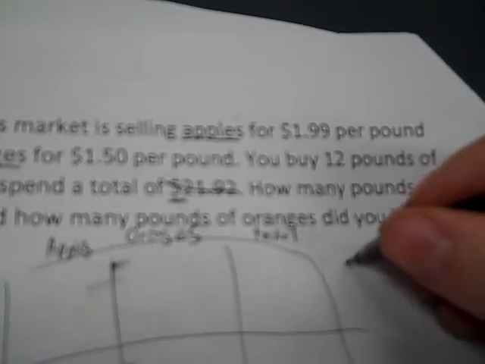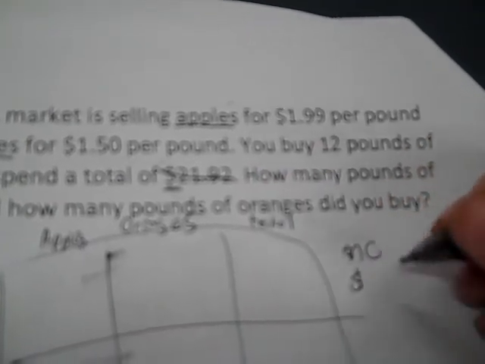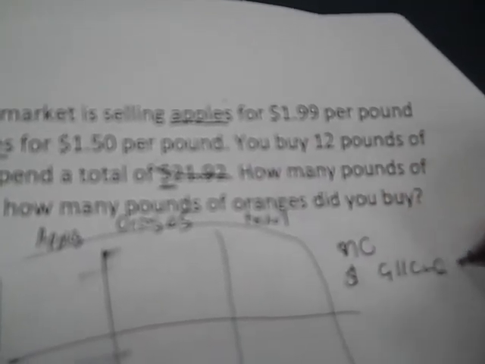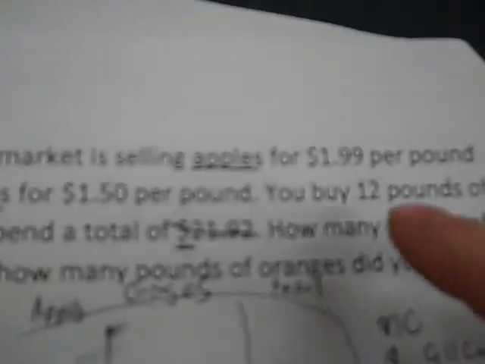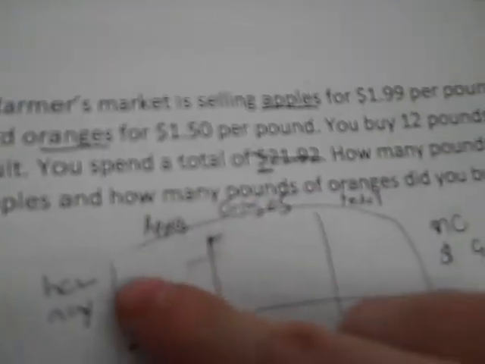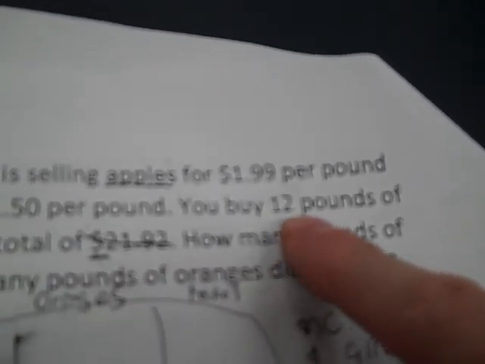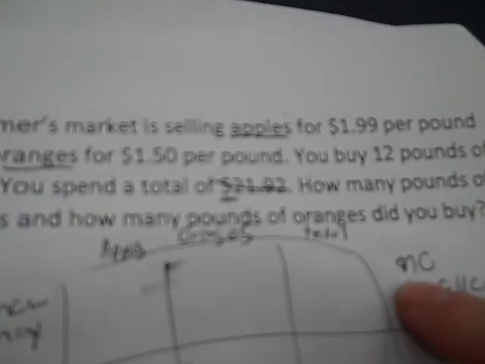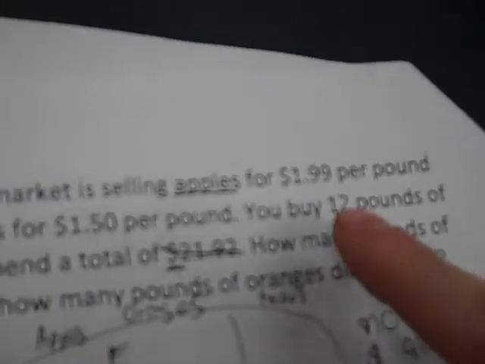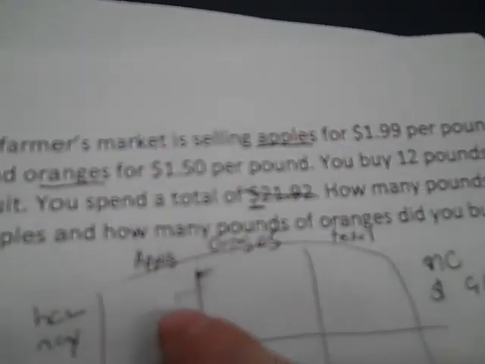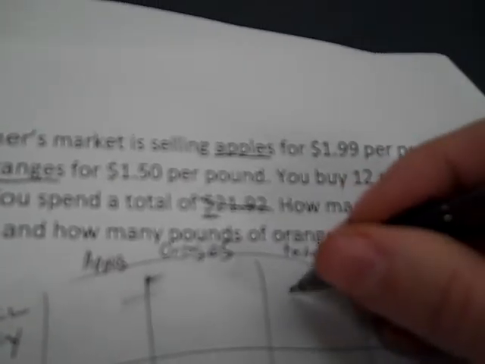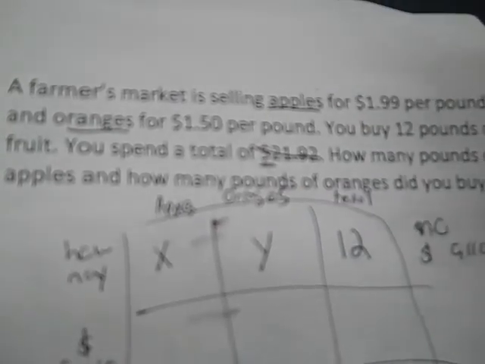Now, up here, no dollars allowed. That has $, doesn't go here. That has $, doesn't go here. But 12 is not dollars, it's 12 what? 12 pounds, so 12 can go here. Read the sentence. You buy 12 pounds of fruit, but it doesn't say apples or oranges, so it's 12. And that's X, and that's Y.